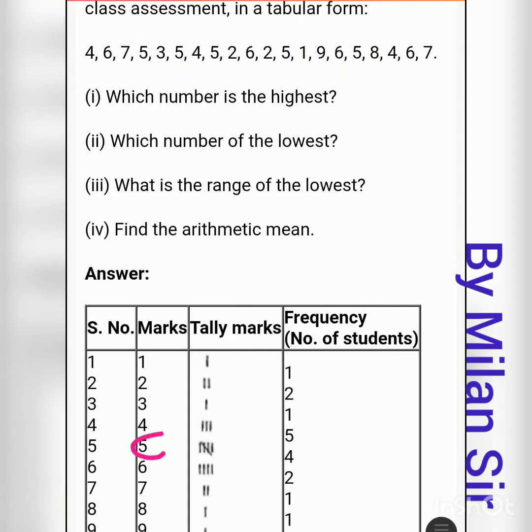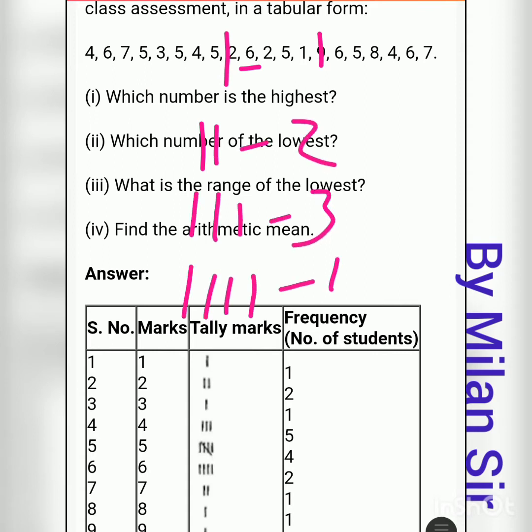So here we need to write the tally marks. In tally marks, this is 1, this is 2, this is 3, this is 4, and for 5 we need to draw one cross line. So 4 vertical lines and 1 cross line is 5.